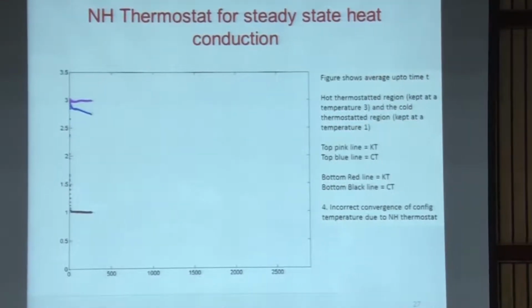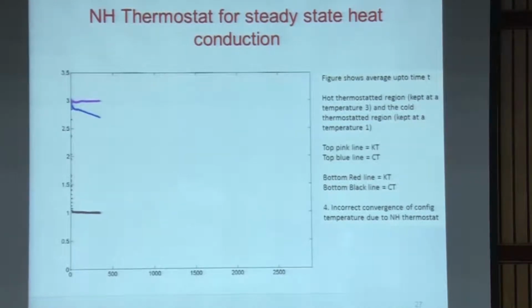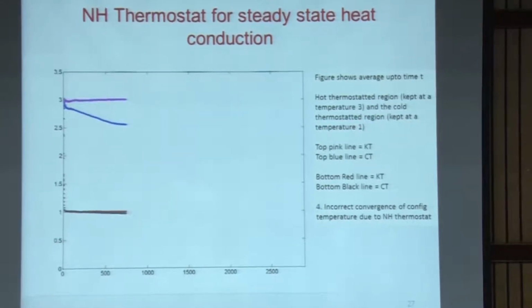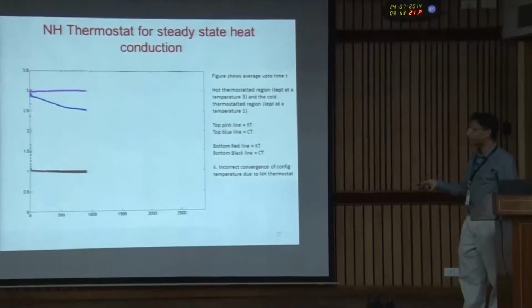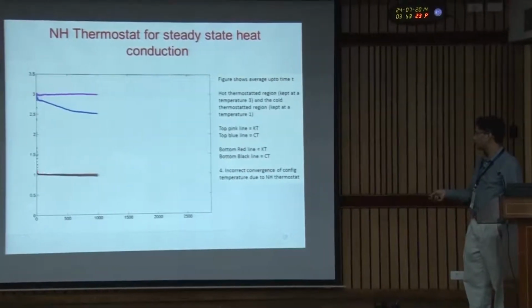So when we use the Nose-Hoover thermostat to control the strips, we observe something interesting. In this non-equilibrium conduction problem, Nose-Hoover is not able to control the configurational temperature at all. 3 is the hot temperature, 1 is the cold temperature.